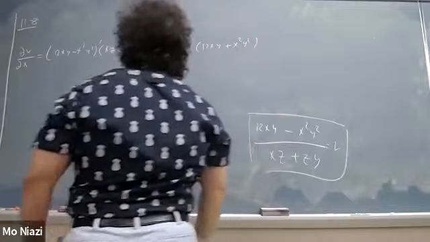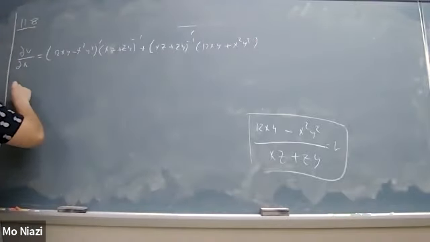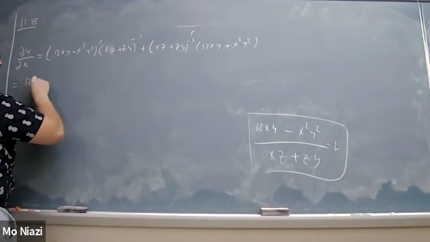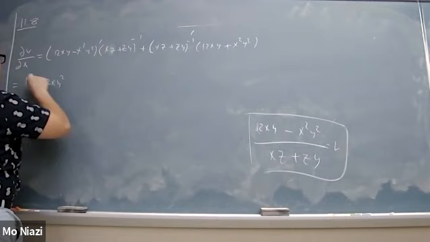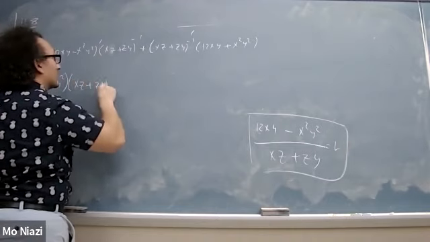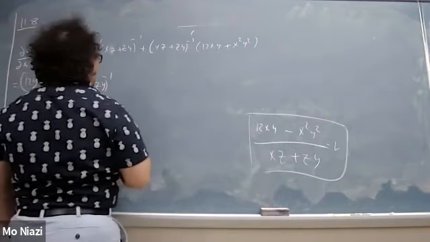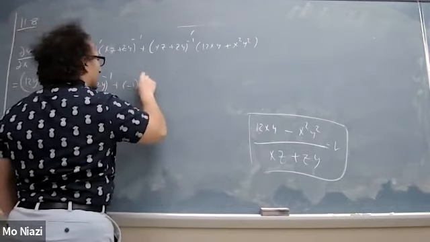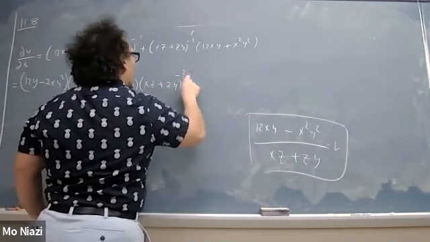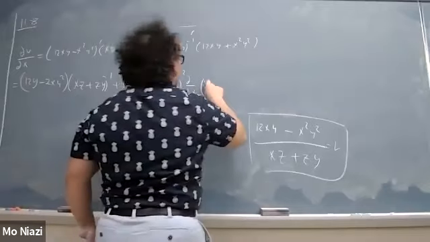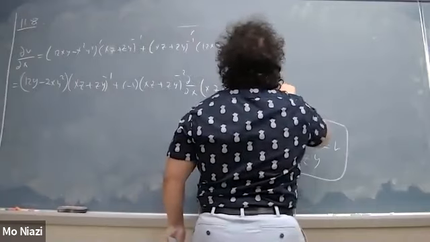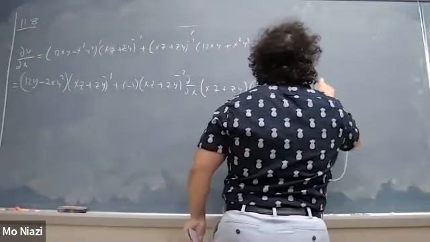Notice that this is with respect to x. So this is 12y minus 2xy squared, all times (xz plus zy) to the negative 1. And then over here we get plus negative 1 times (xz plus zy) to the negative 2, times partial x of the inside, xz plus zy. And 12xy minus x squared y squared comes along for the ride.